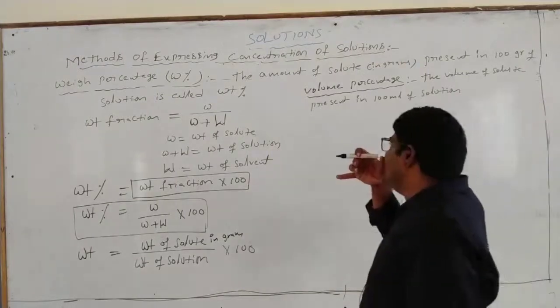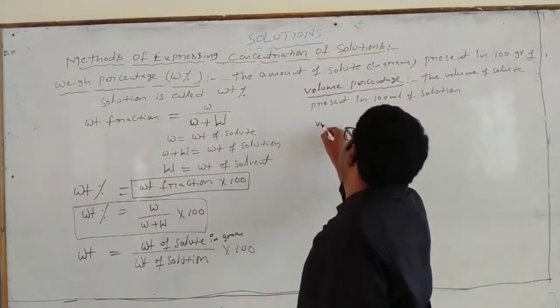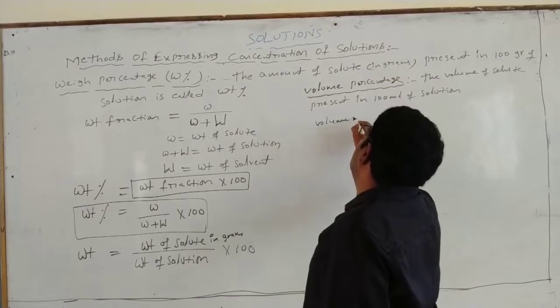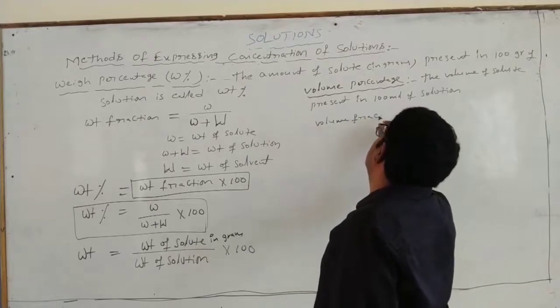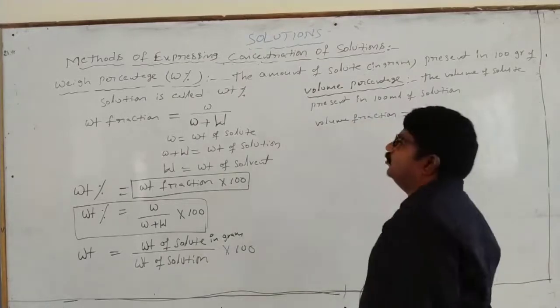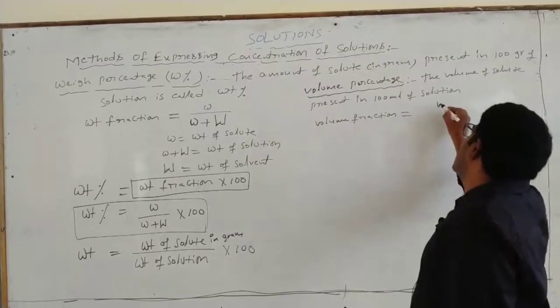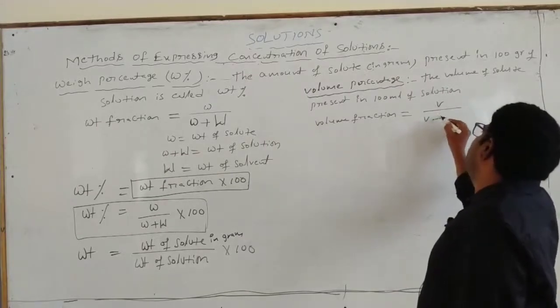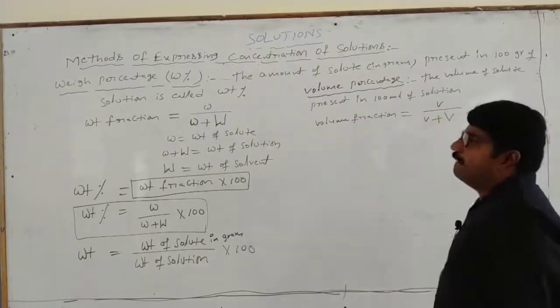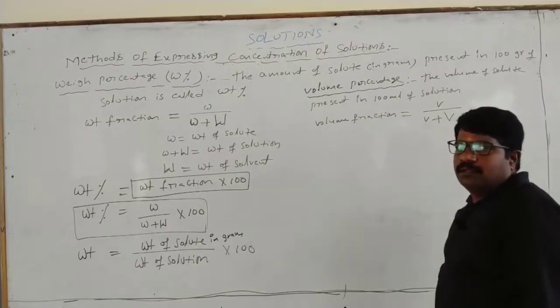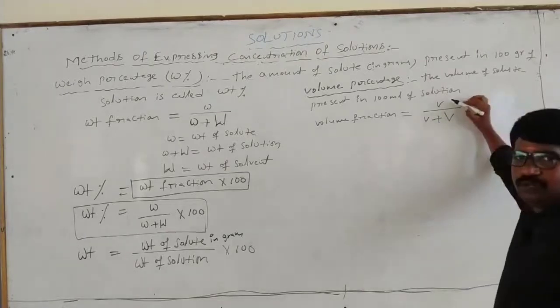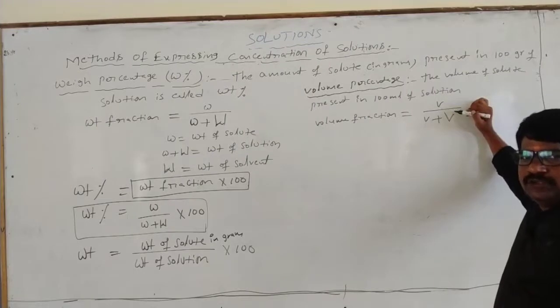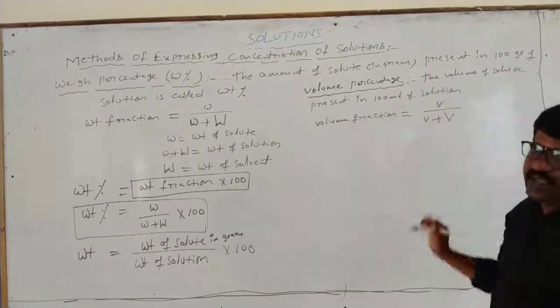Volume fraction can be written as small v by small v plus capital V, the ratio of volume of solute and the volume of the solution.